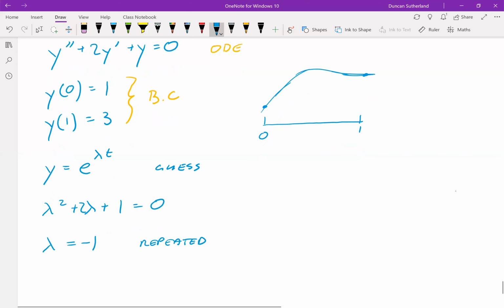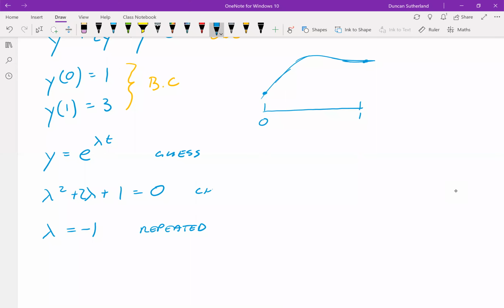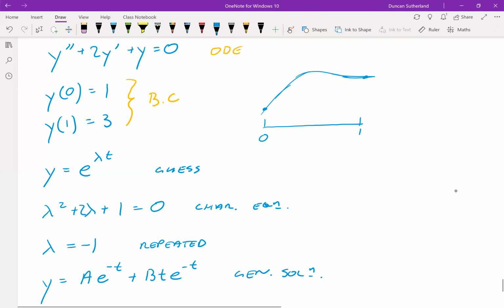So we know our general solution in this case is y equals a e to the minus t plus b t e to the minus t. Okay.